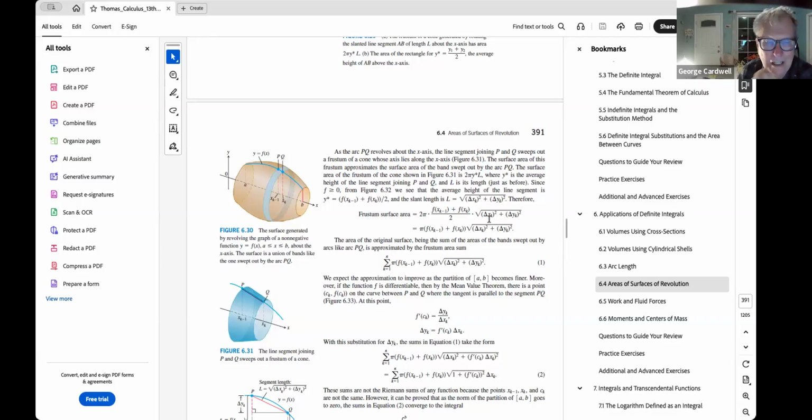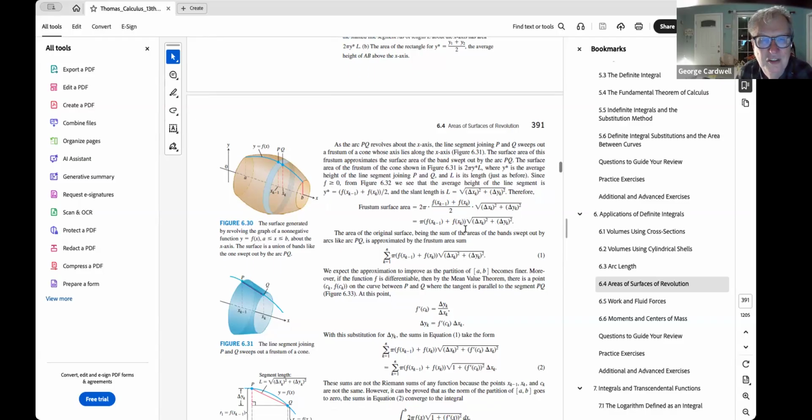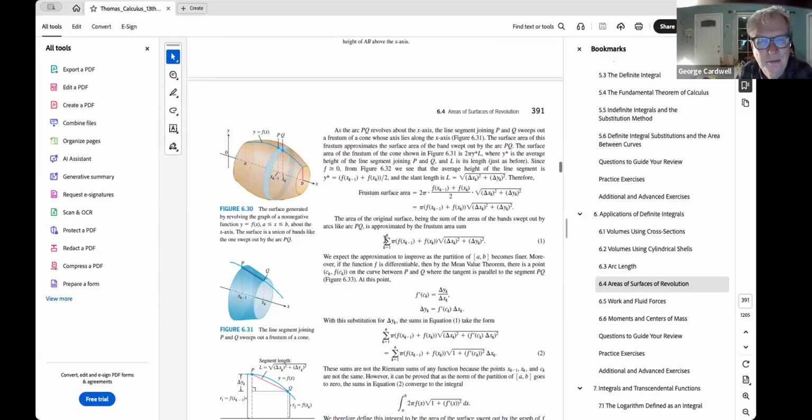Then he notes he has 2 pi times something over 2, so he cancels that, getting pi times f of x_{k-1} plus f of x_k, times that length. That gives an estimate of the surface area of that little strip. If he cuts it into a bunch of little strips and adds them up, he gets this summation. So he's going to generate a Riemann sum there.